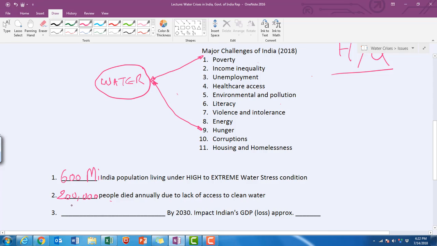By 2030, the demand for water is going to be 2x higher than supply.